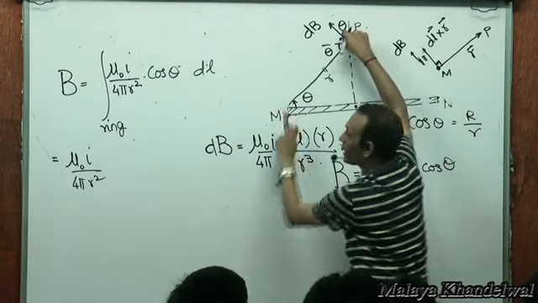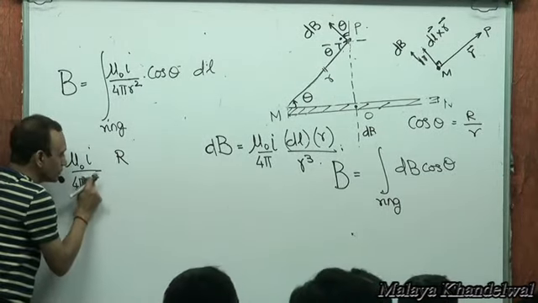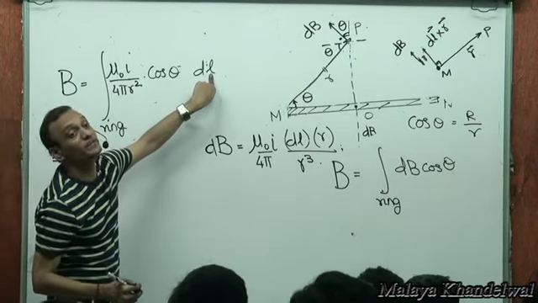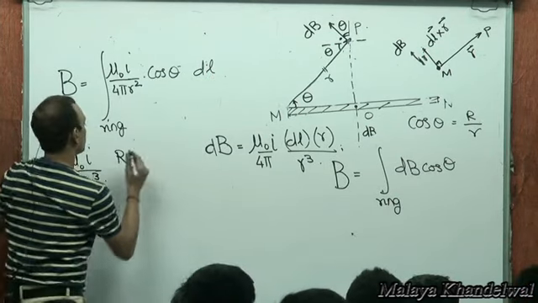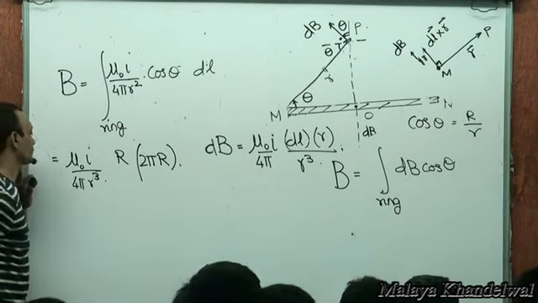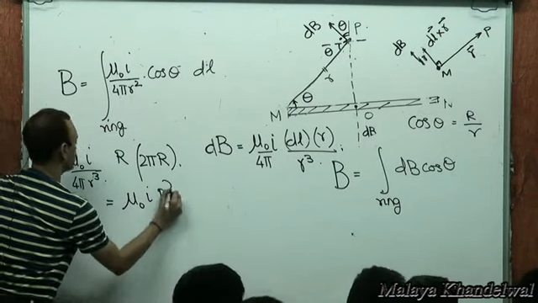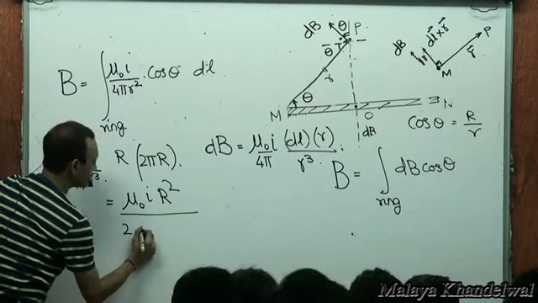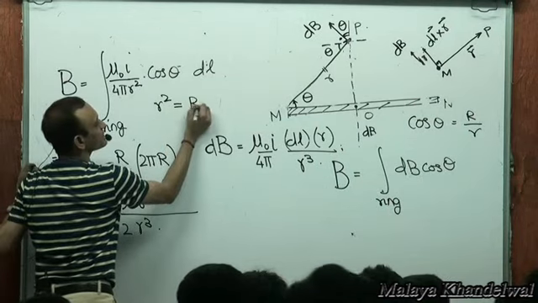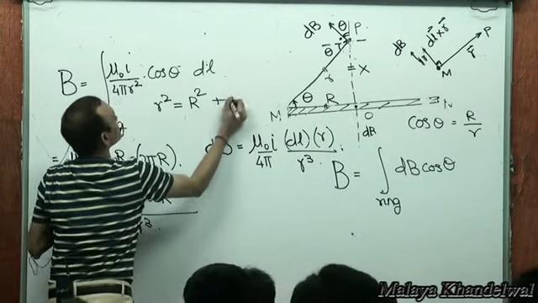So this will become r cubed into integral dl, which would be the circumference 2 pi R. Which then becomes mu naught I R squared by 2 r cube, where small r squared from Pythagoras is capital R squared plus x squared.